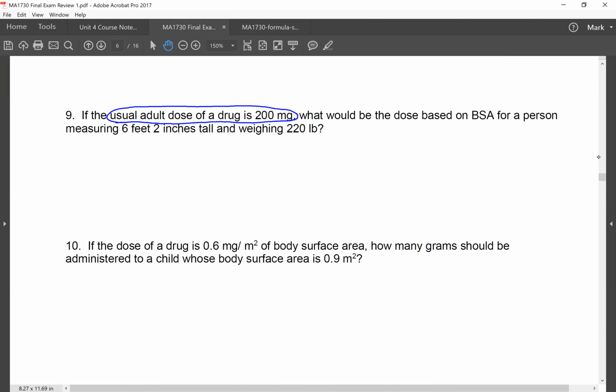Formula 4 on your formula sheet says that you can calculate the adult dose for somebody by taking the BSA of that adult, dividing it by 1.73 meters squared, the BSA of an average adult, times the usual adult dose.